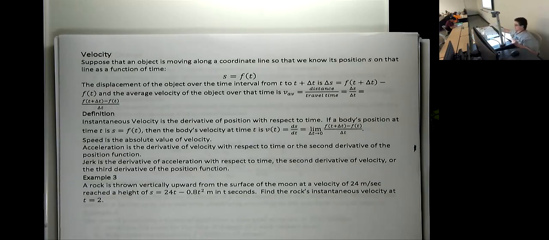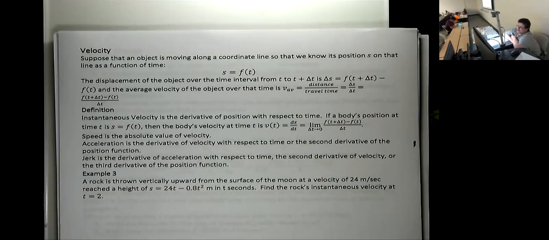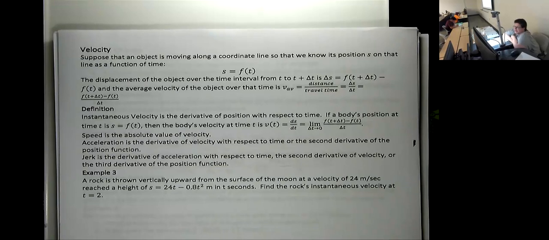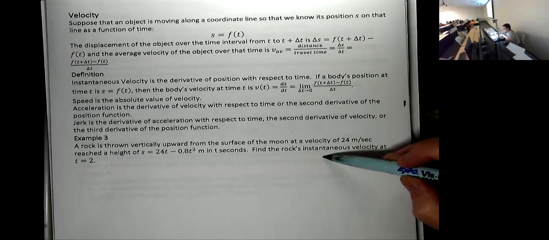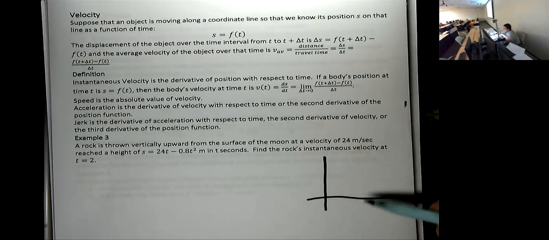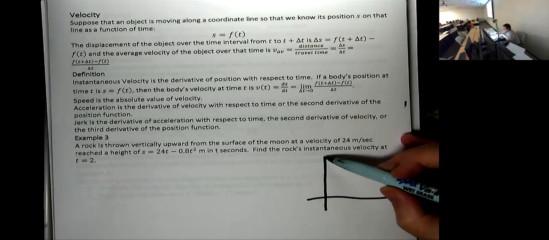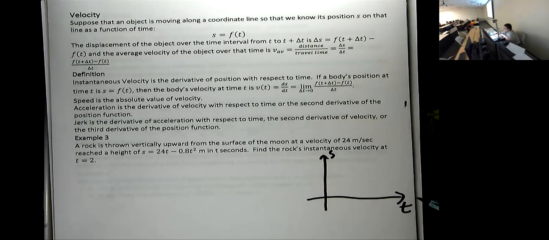And how do we come up with that? We have an object moving along a coordinate line, let's say in a straight direction, though it doesn't necessarily have to be a straight line. We give its position as s, where s equals f of t. So we have t along this axis and s along this axis, and I've got some line here.